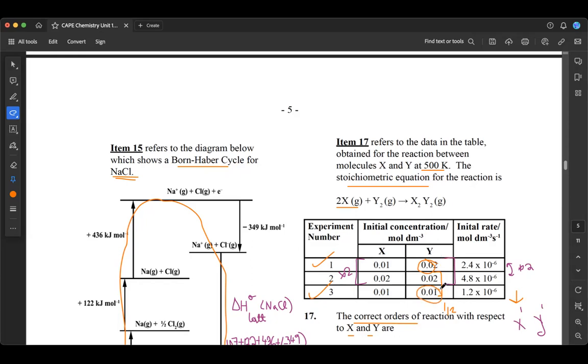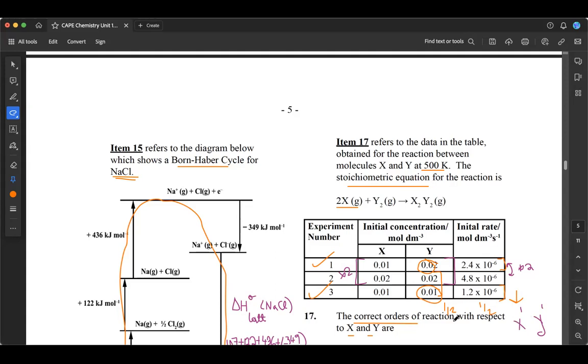So I'm halving my Y, and when I halve my Y, I see that my rate goes from 2.42 in experiment 1 to 1.2 times 10 to the negative 6. So that's being halved as well. So if I halve my concentration of Y, I halve the rate of the reaction. So that means that it's first order as well.